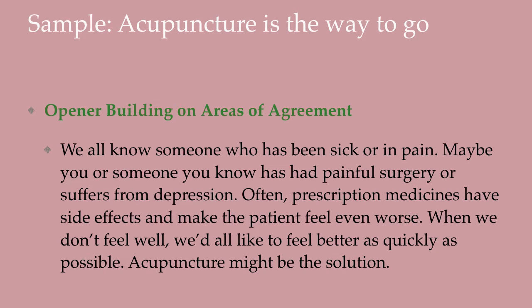As I told you, this is the speech to motivate. The speaker wants to motivate their audience to believe in acupuncture. Acupuncture is a form of alternative medicine that involves pricking the skin with little needles to treat patients, quite popular for a long time in China. That's what we call acupuncture.